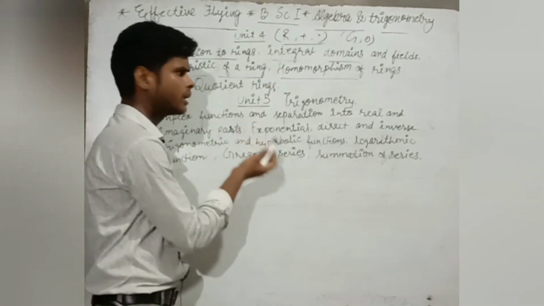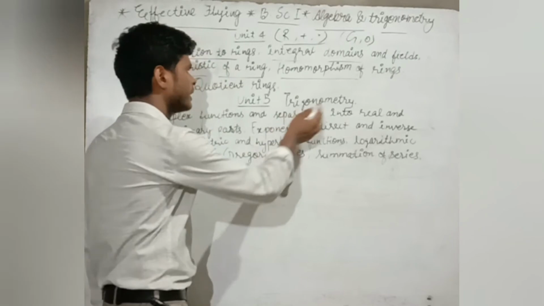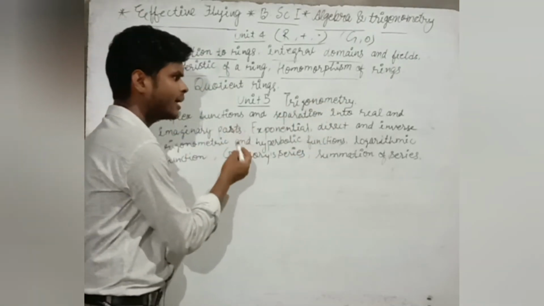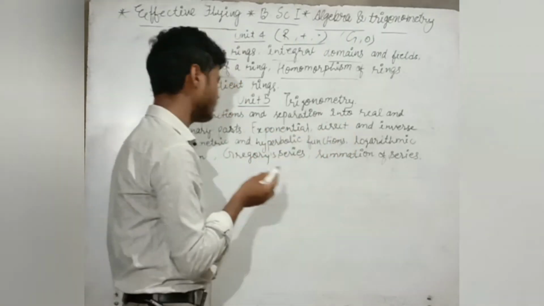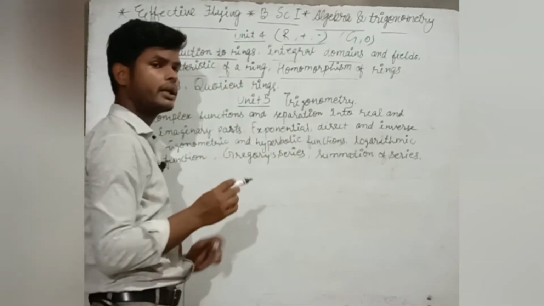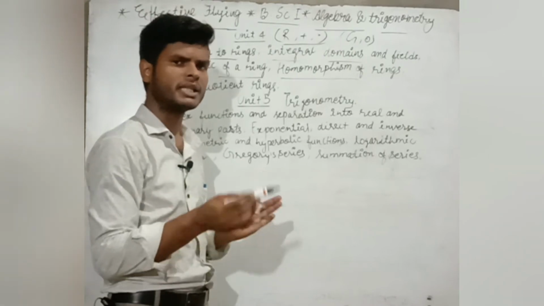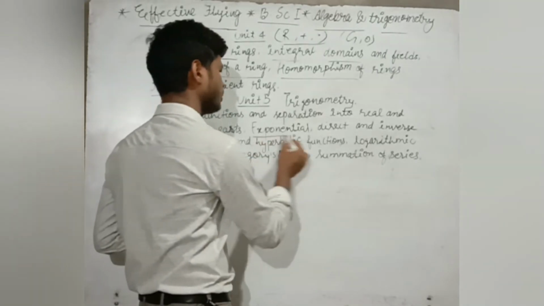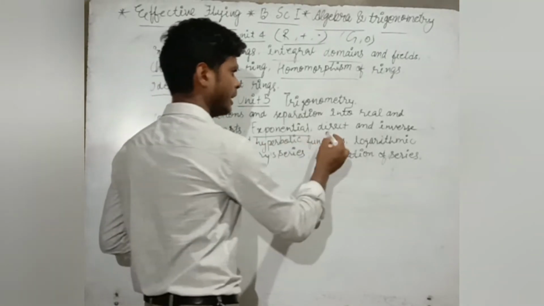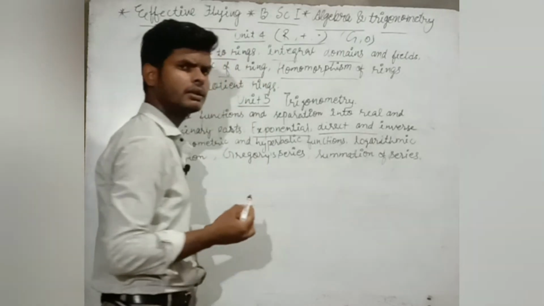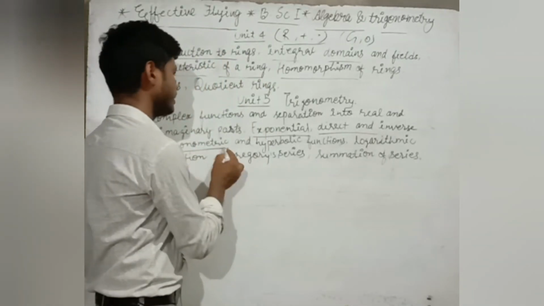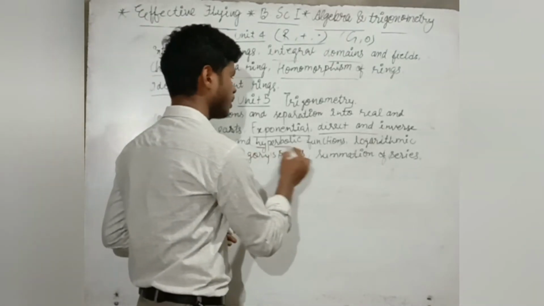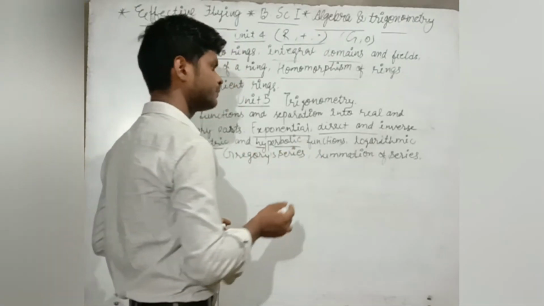And unit 5 is related to trigonometry, in which we will discuss complex function and separation into real and imaginary parts. How can we divide a complex function into real and imaginary part, we will discuss. And then exponential, direct and inverse trigonometric and hyperbolic functions, which is the main part of the trigonometry.